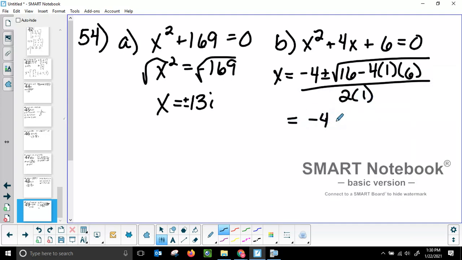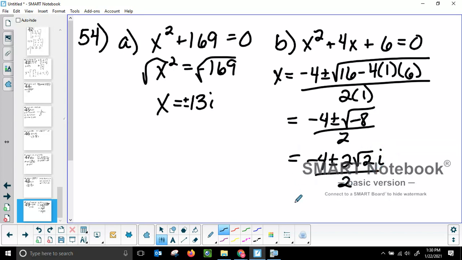So we get negative 4 plus or minus 16 minus 24 is negative 8 over 2. So this is going to be negative 4 plus or minus 2 square roots of 2i all over 2. All of this is divisible by 2. So negative 2 plus or minus the square root of 2i.